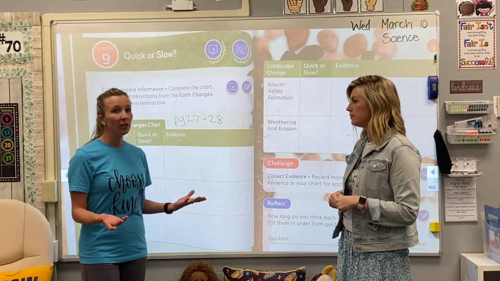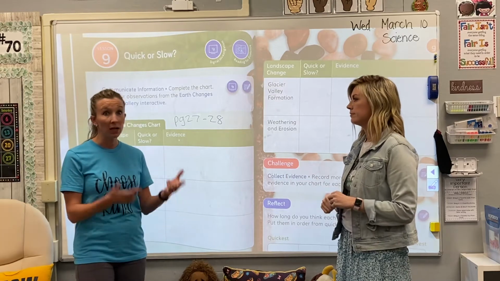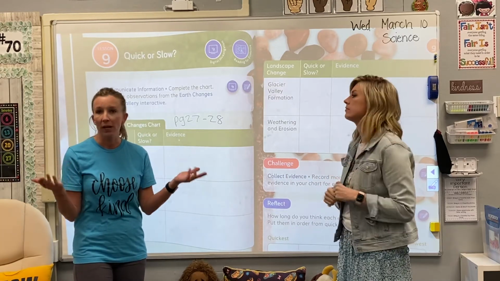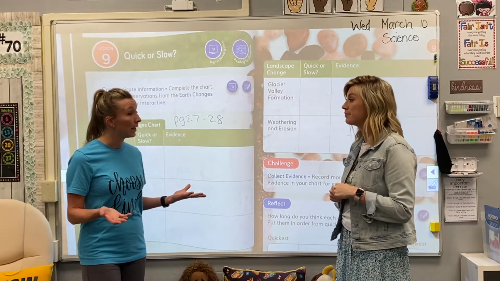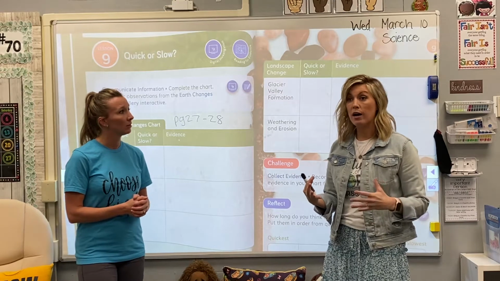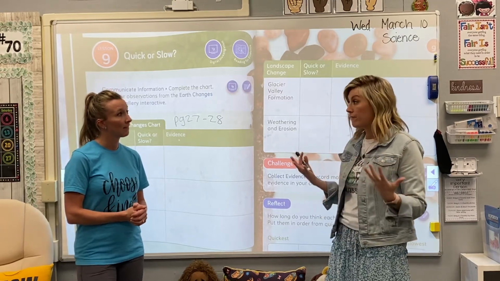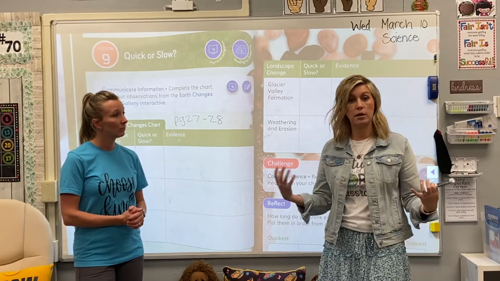Well, if I want to learn more about one of these changes on Earth, I can make observations myself, right? I can look with my eyes and I can learn something. You could also use a book. Is there anything that you could watch? Yeah, you can watch videos. There are a lot of different ways. You can look at photographs. There are different ways you can collect the evidence you need to come to a conclusion.